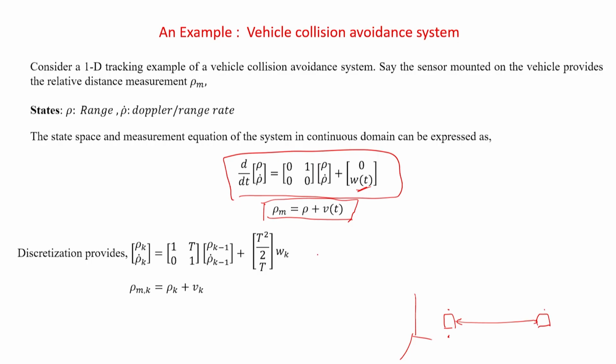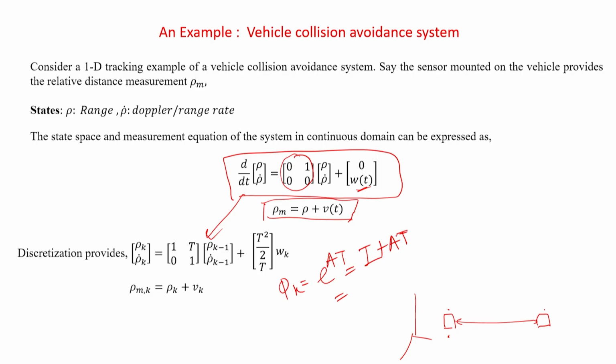Now, you do the discretization. I will show the discretization in the next lecture, but just imagine you simply do e to the power AT, which is your phi of k, and it will be I plus AT. T is your sampling time, I is your identity matrix, and A is this matrix.